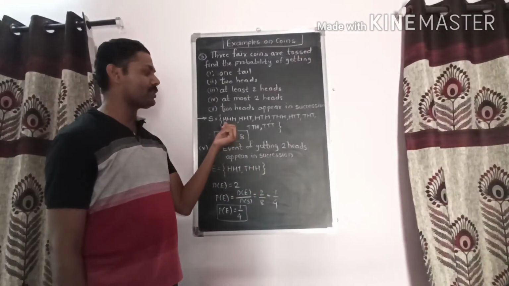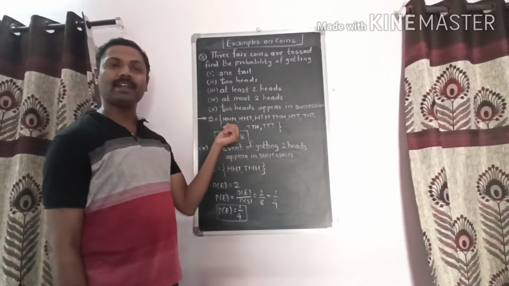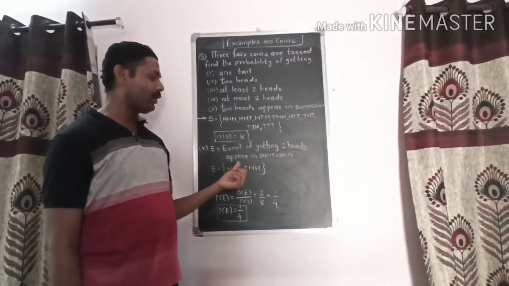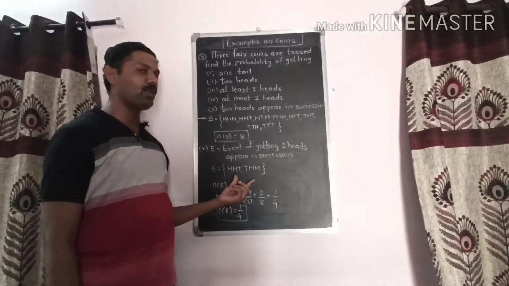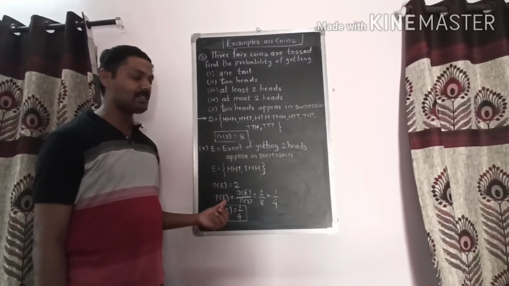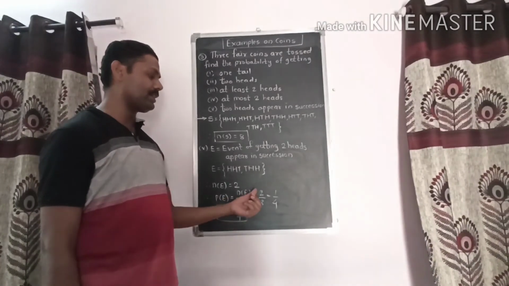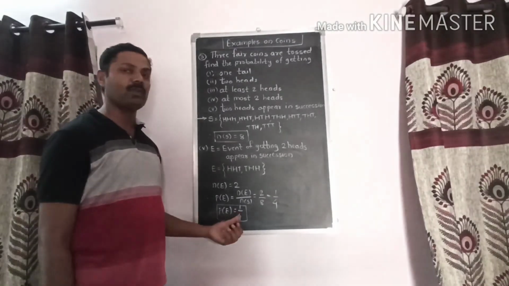We have one more option here, HHH, but here three heads are in succession. We require only two heads in succession. So we have only two options here. Therefore n of E is 2, P of E is n of E divided by n of S. It is 2 upon 8, which is 1 upon 4. Therefore P of E is 1 upon 4.